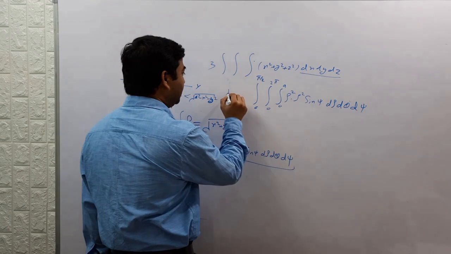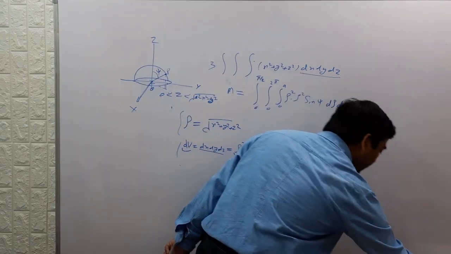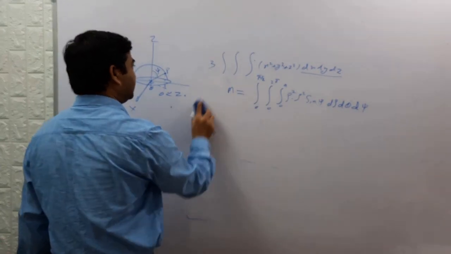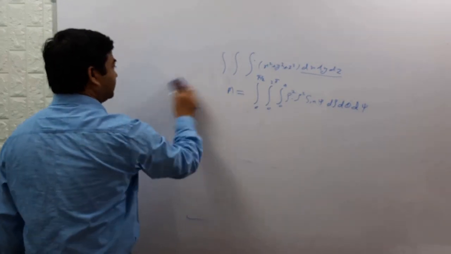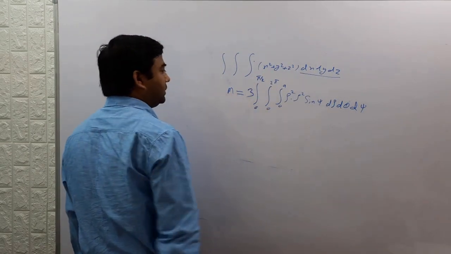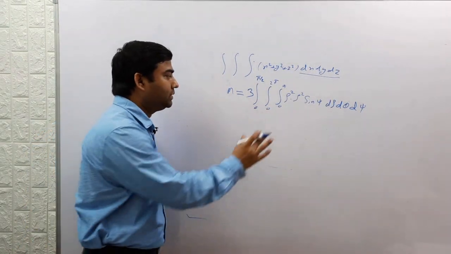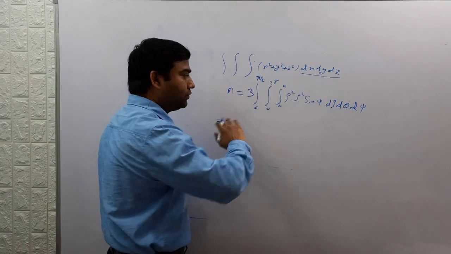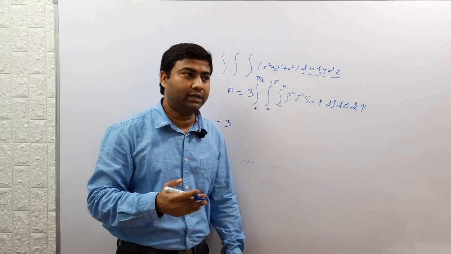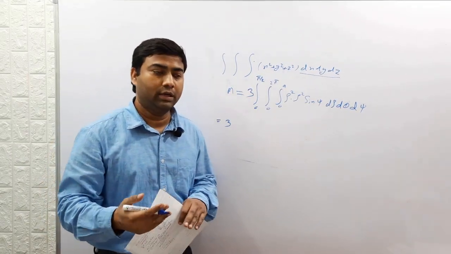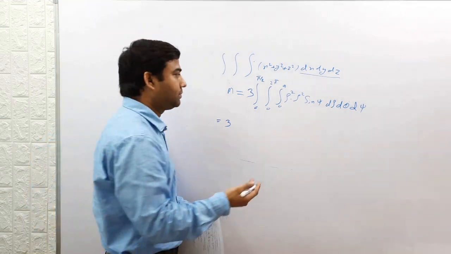So this is total mass. Now we will integrate it, it is equal to 3. From Fubini's theorem, we have mentioned that we can integrate in any order. Double and triple integration can be integrated in any order.